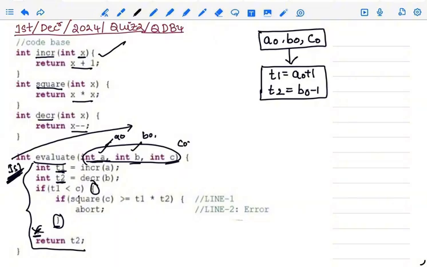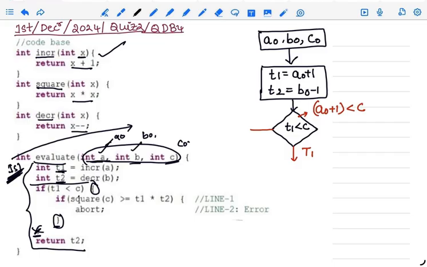After this, there is an if condition. How do we represent an if condition in a flowchart? As a diamond shape. So the if condition is: if t1 less than c. What is t1 less than c? t1 means a0 plus 1 less than c.